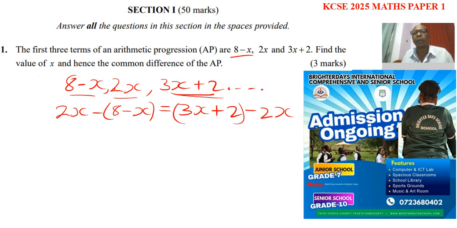When you subtract, you should get a constant. Like we have subtracted 4 minus 2, we got 2. 6 minus 4, you get 2, like that. So you apply the same principle here.